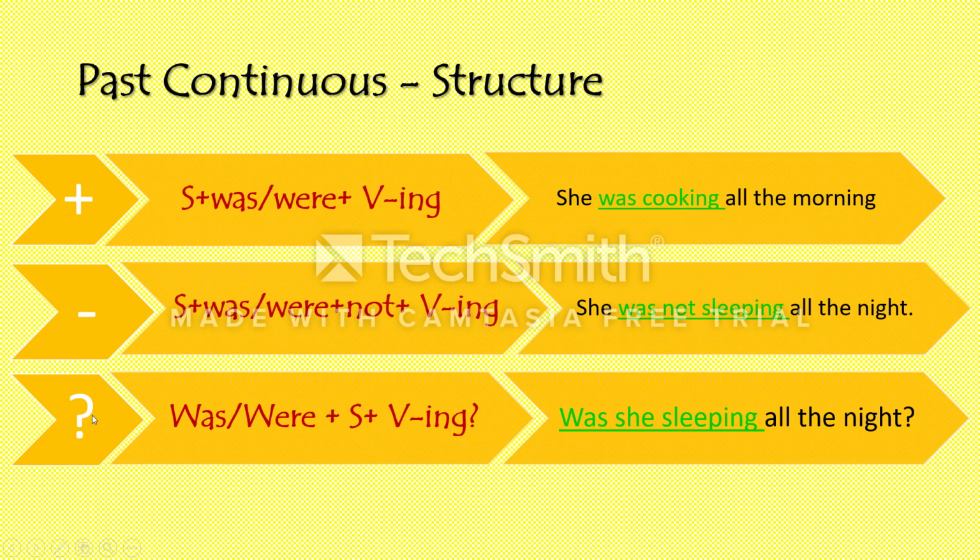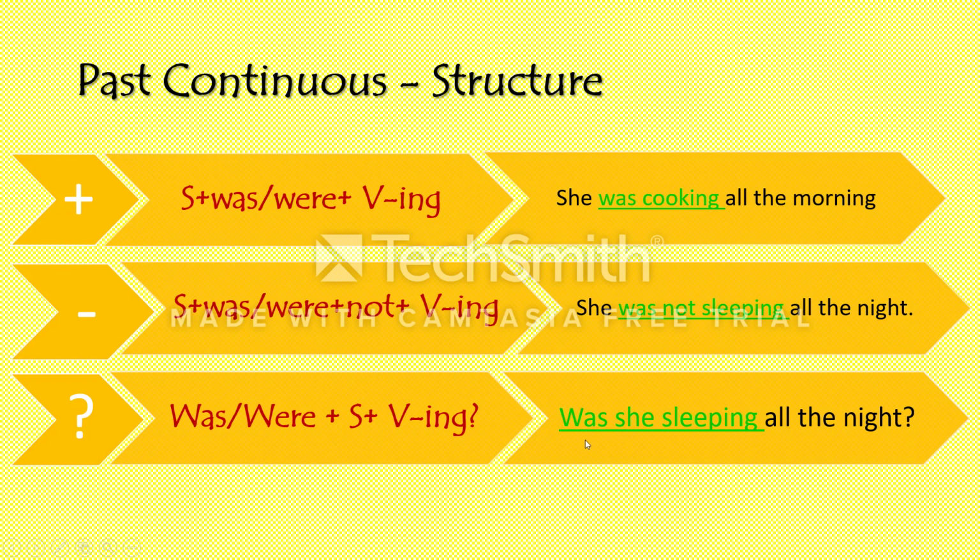And when we are talking about interrogative sentences, we use forms of the verb to be in its simple past tense. So we write was or were depending on the subject plus the verb with ing ending.